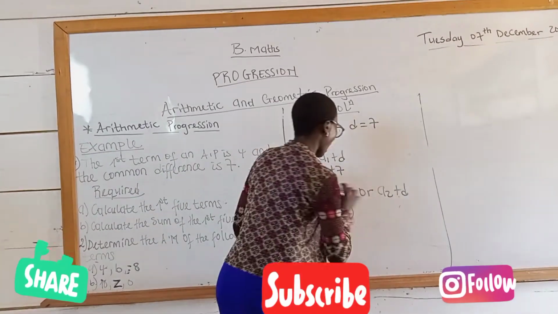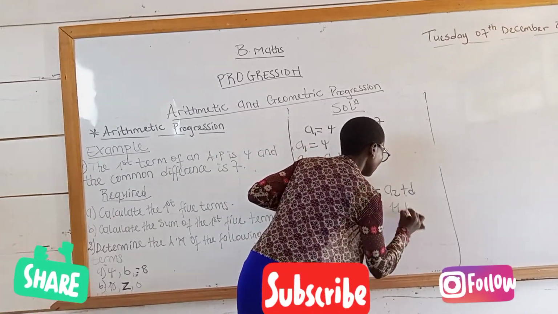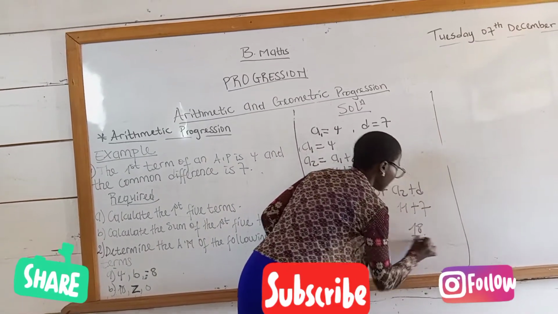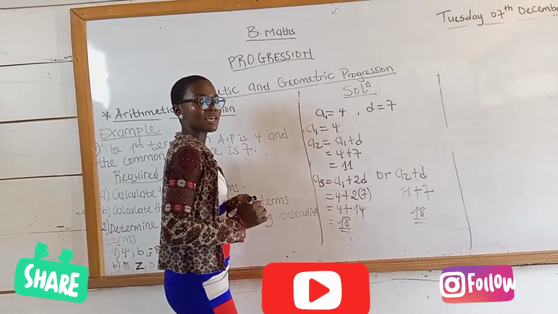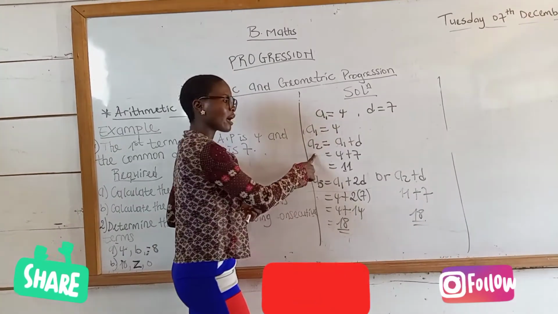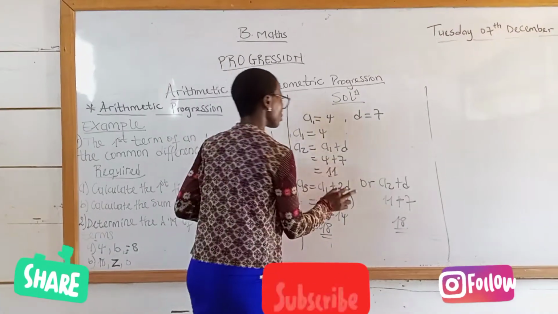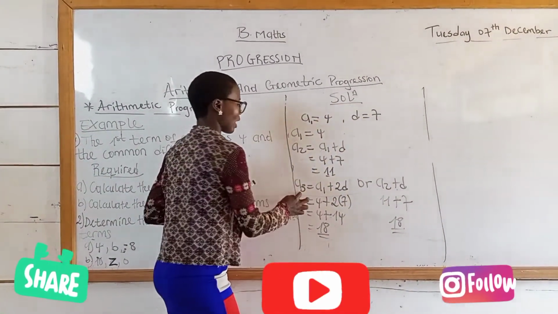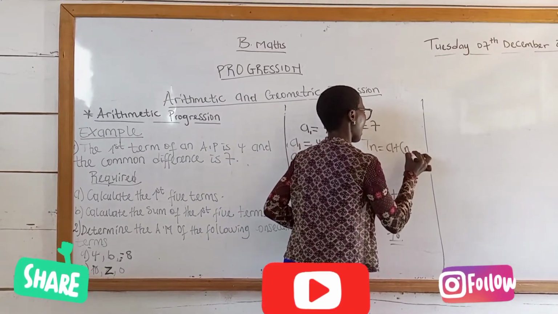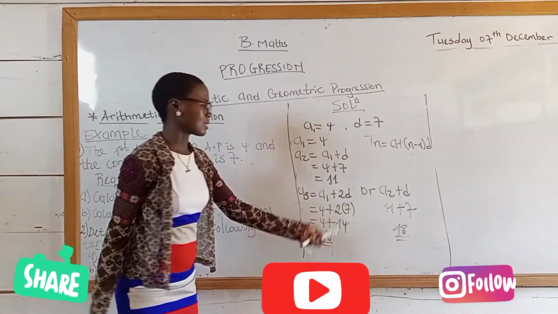Or I can take my A2, which is 11, plus the common difference 7, which will give us 18. So we see that the answers are still the same. Either we take the previous term plus the common difference, or we take the first term plus 2 common differences. Because we are in A3, it is this formula that we're using, Tn equals A plus (n minus 1)D. Use this formula to give you these answers.